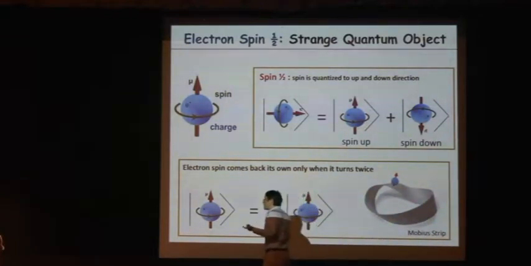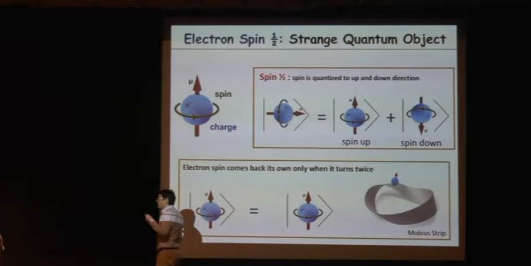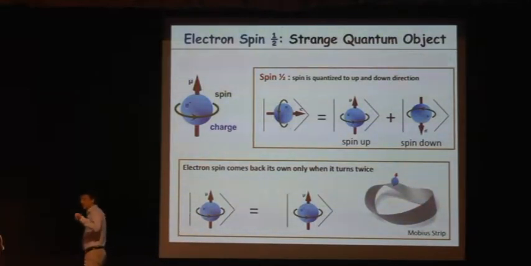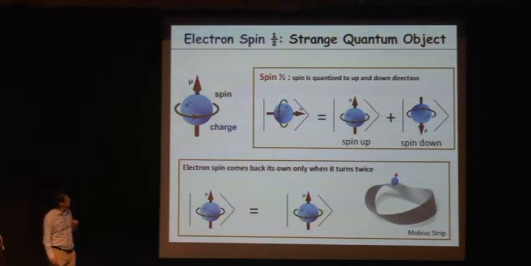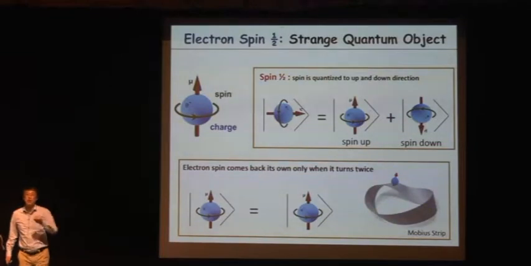Now this tells us quite an intriguing part. So electron spin is very weird in the sense that it has some interesting phase properties. In fact, this can be generalized together with what I just mentioned about the quantized orbit.